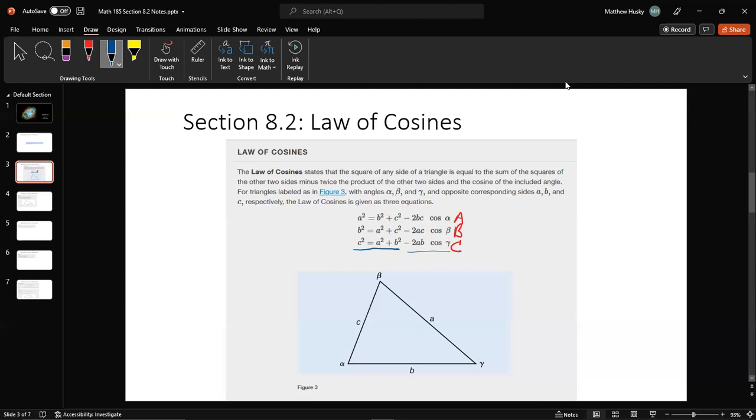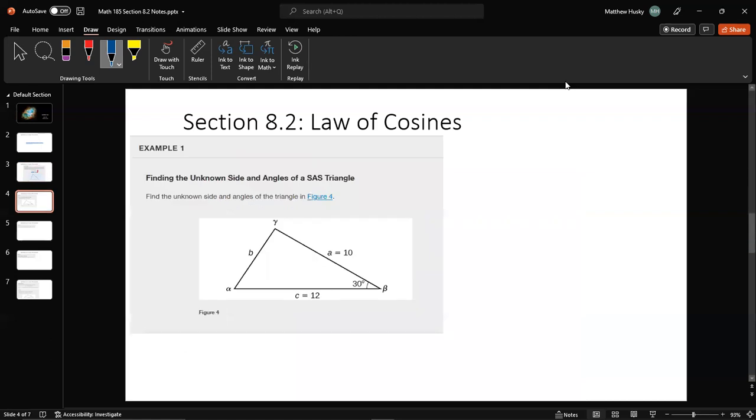If the angle you have is 90 degrees, which gives you a cosine of 0, that will eliminate this whole chunk of the formula, and it collapses down into the Pythagorean theorem. But there is the formula, and again, there are 3 versions of it, depending on what you know and what you're trying to find.